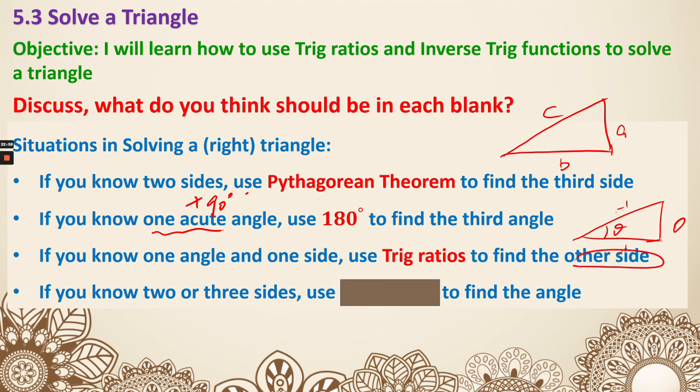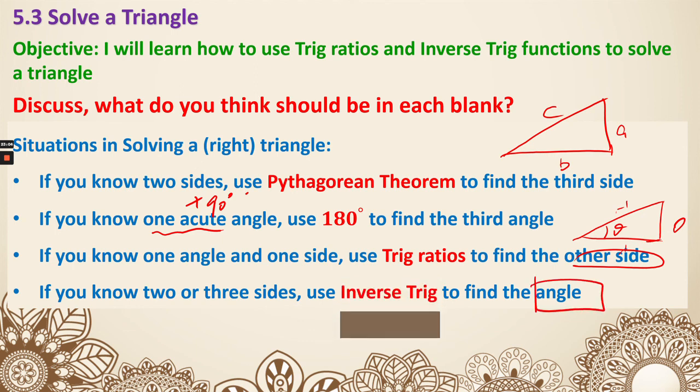When you're trying to find sides, you're going to use the trig ratio. Next, if you know 2 or 3 sides and you're trying to find the angle, of course, you are going to use inverse trig to find the angle. Now, these are the few conclusions that may help you to be a bit clearer on when to do what. And that is everything for both lessons in 5.3. Thank you.